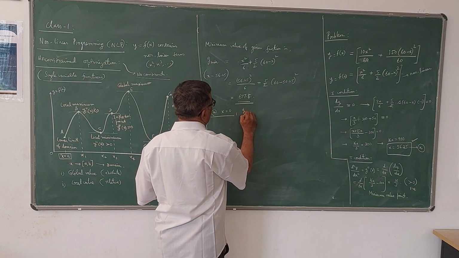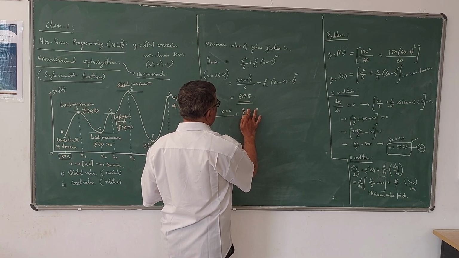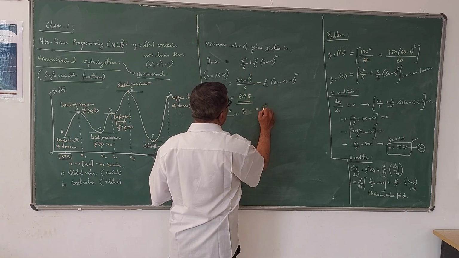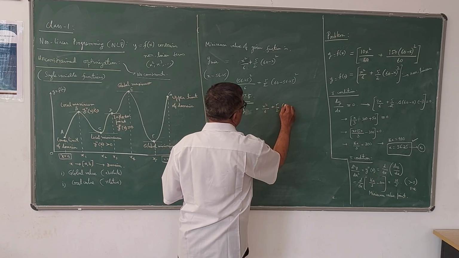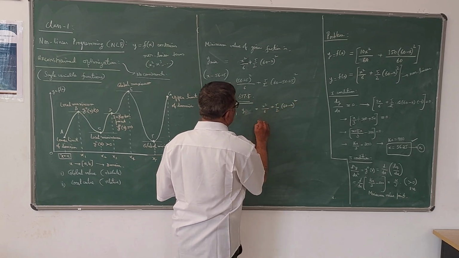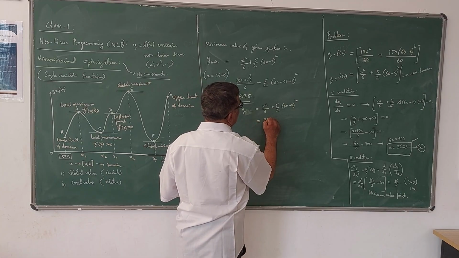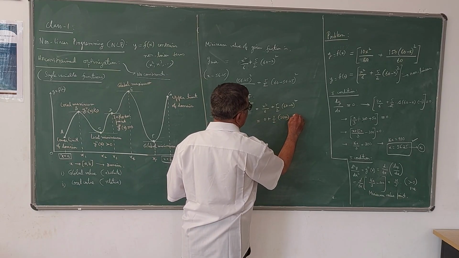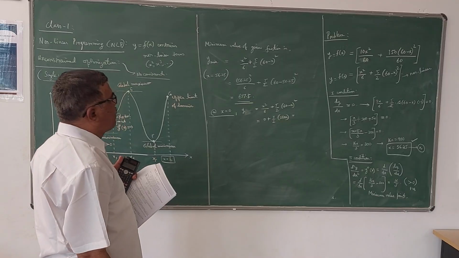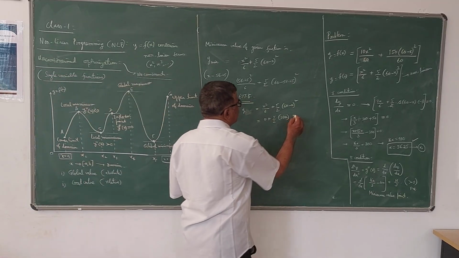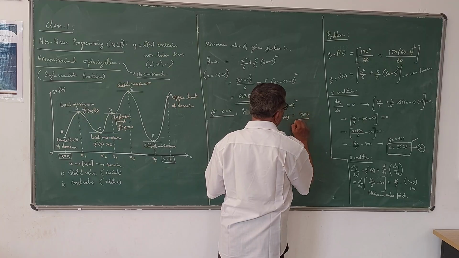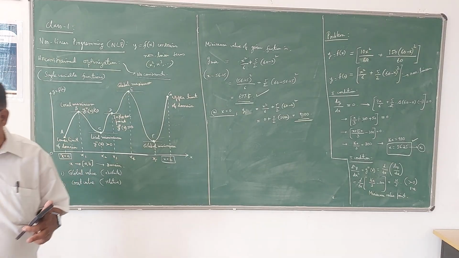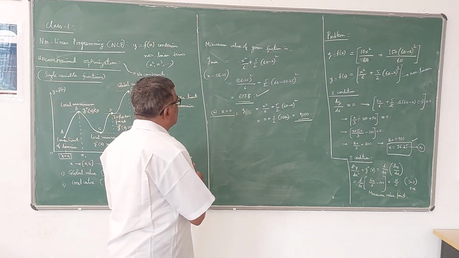With x equal to 0, y is x square by 6 plus 5 by 2 into (60 minus x) whole square, so the first term becomes 0. The second term is 5 by 2 into 60 square, that is 3600, which comes to 9000. Among these two, the minimum value is 677.5. So that is the answer. This is the minimum value of the function.